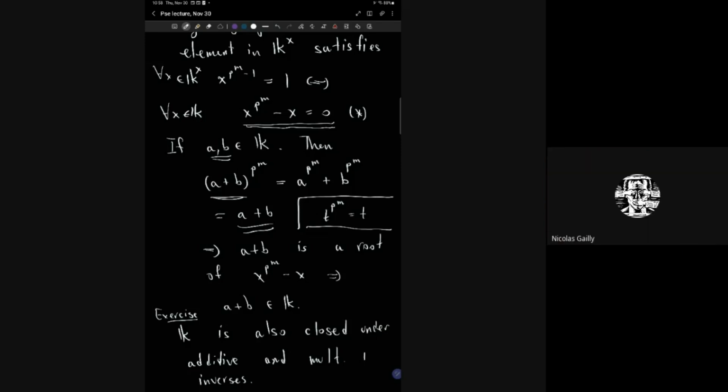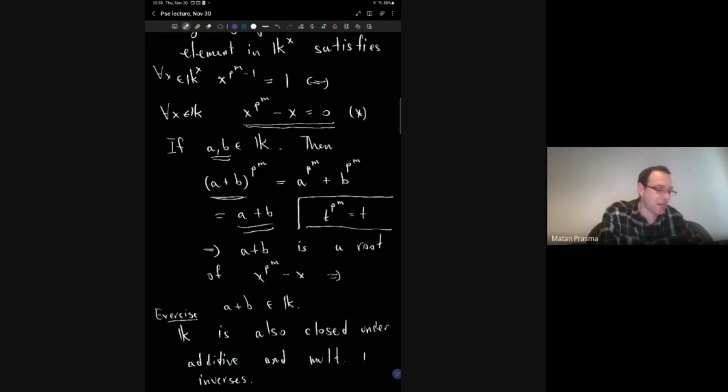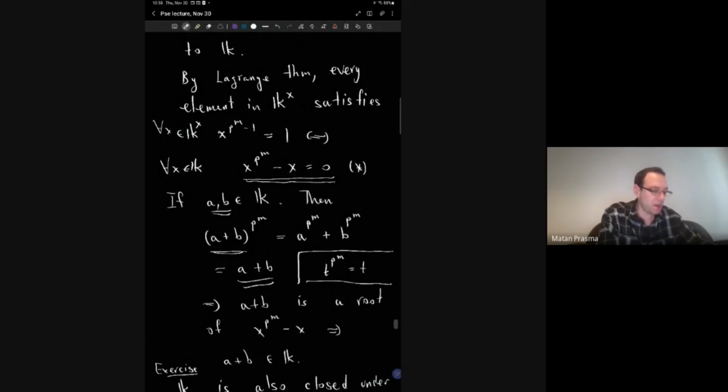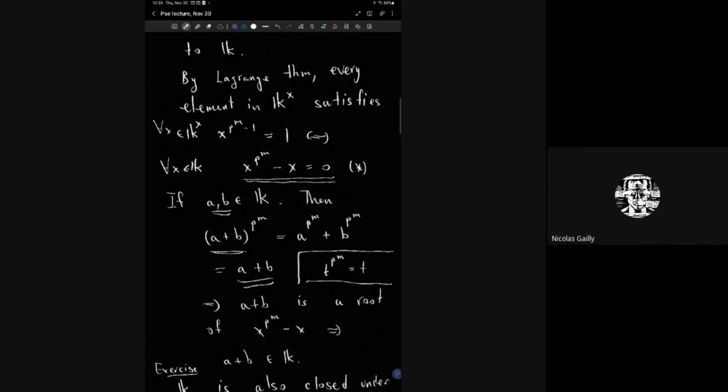Makes sense. Okay. Now I claim the number of elements in K is exactly p^m, right? We started with a multiplicative subgroup of size p^m minus 1, and we added 0. So we have p^m.